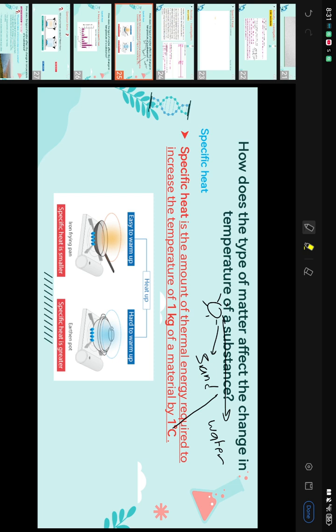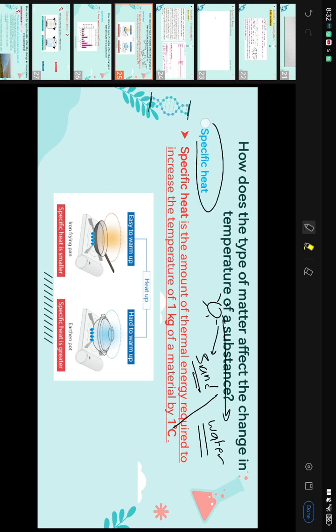But after maybe 2 hours, if you feel the sand, you will feel it hotter than water. Why? Because the specific heat of sand is less than the specific heat of water.